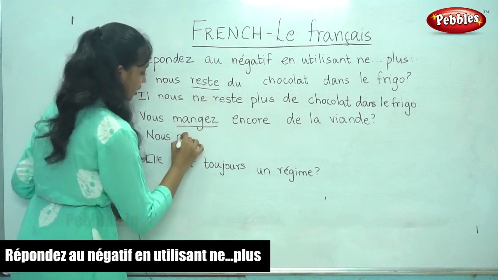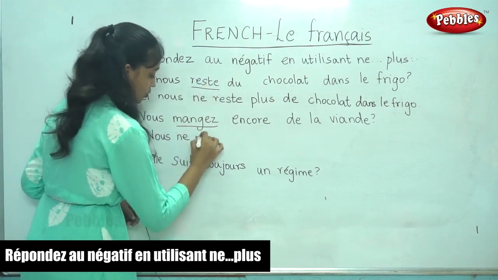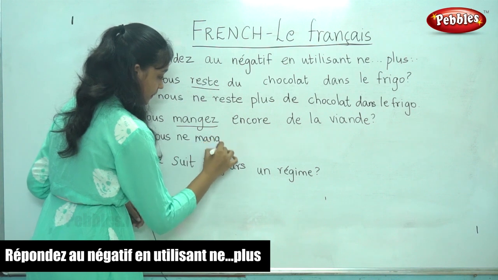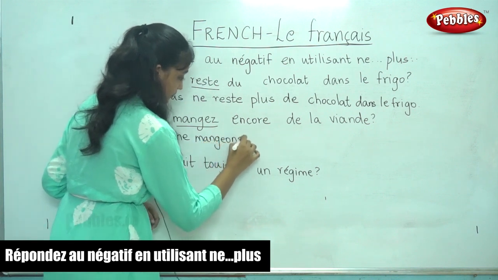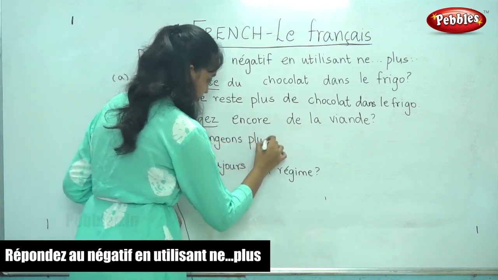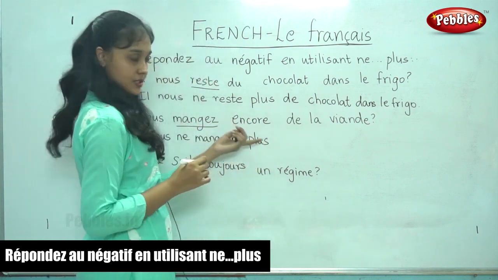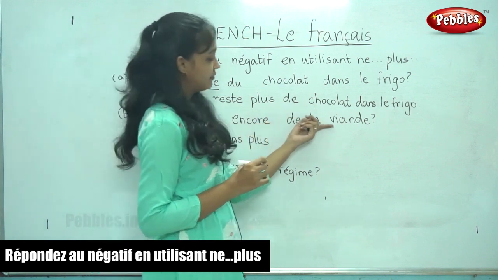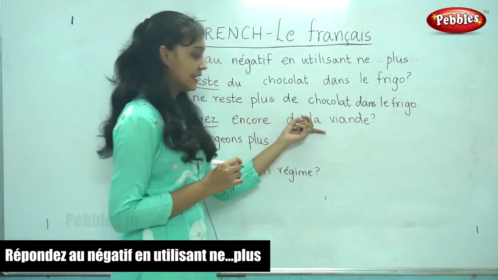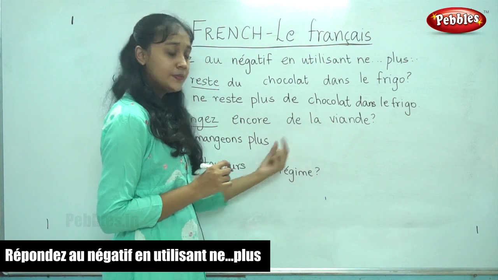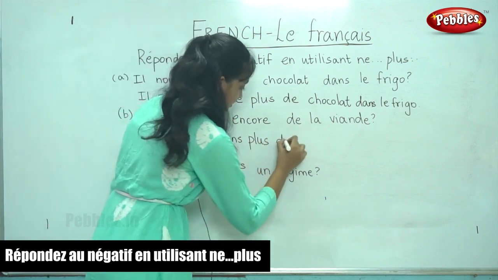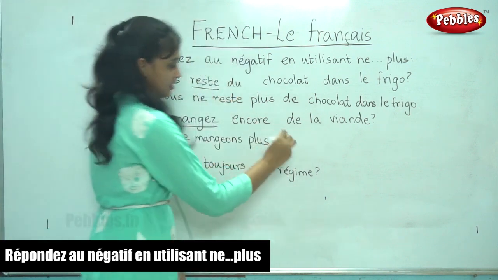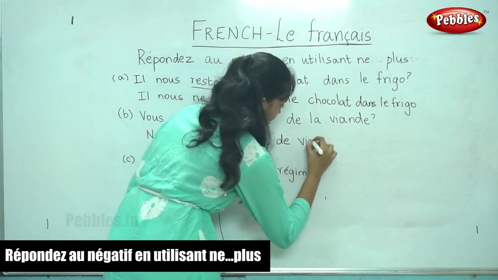Ne mangeons plus. So encore also, instead of encore we are writing plus. And now here we have a partitive article again. So what will this become? It becomes de and viande.